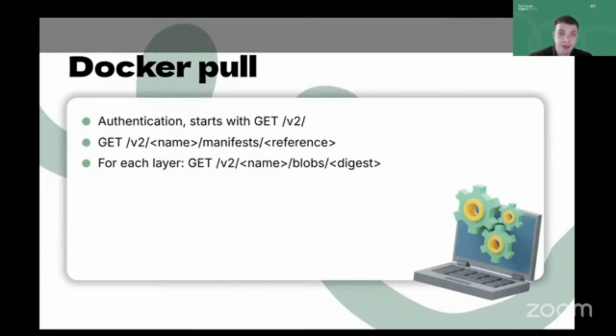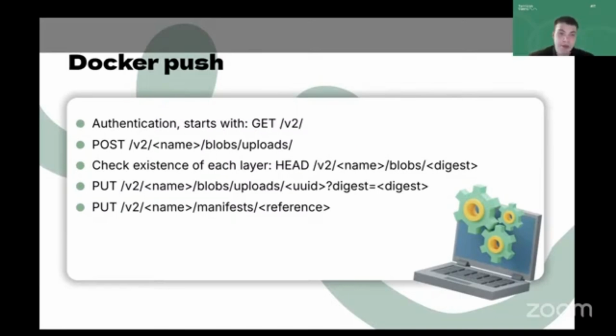If the authentication was successful, Docker begins a download of an image starting with a manifest request. As we've discussed earlier, the manifest contains all of the hash sums of an image's layers. So the Docker client can easily download all of the layers, referencing them by digests. And after we have all of our layers, our image is fully downloaded.